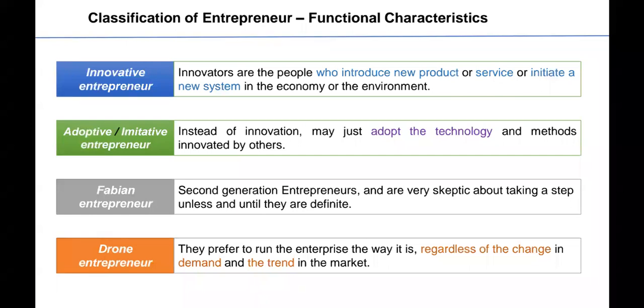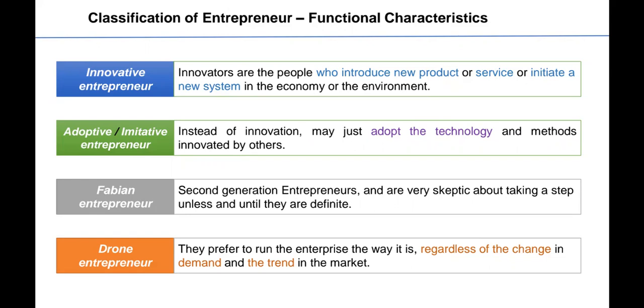The next category under characteristics is the drone entrepreneur. Drone entrepreneurs prefer to run the enterprise the way it is, regardless of the change in the demand and the trend in the market. They don't bother about the demand, the supply, or the price trend in the market.